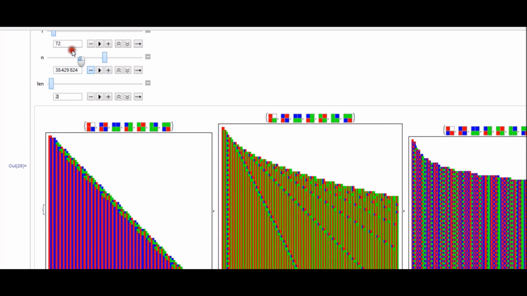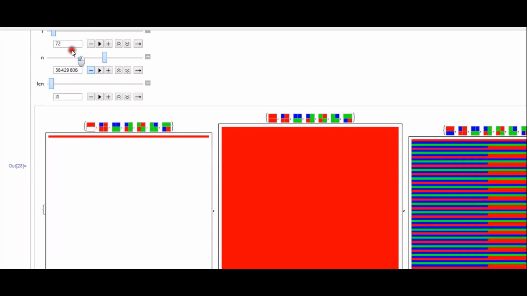Okay, so let's back up now. Right, so you see this rule here on the far right hand side. This is a typical example of something with exponential growth, which is essentially comprehensible.